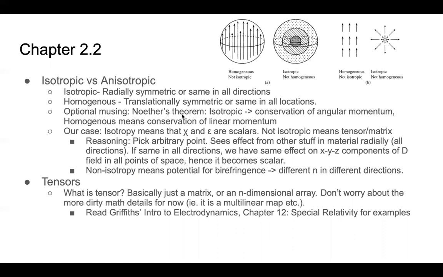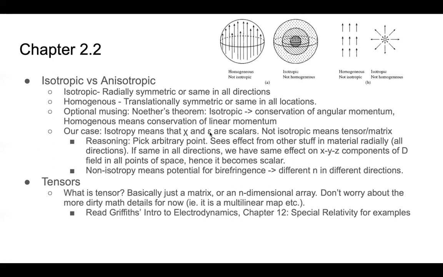And there's Noether's theorem that relates to these two. If the system is isotropic, you get conservation of angular momentum, and homogeneity means conservation of linear momentum. But in our case, if the material is isotropic, it means that the susceptibility and the permittivity are scalars.